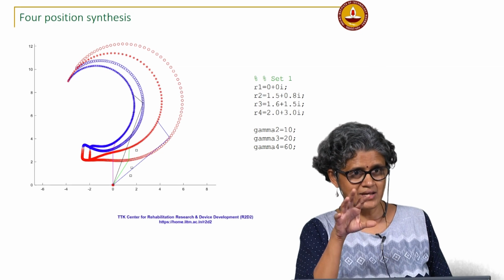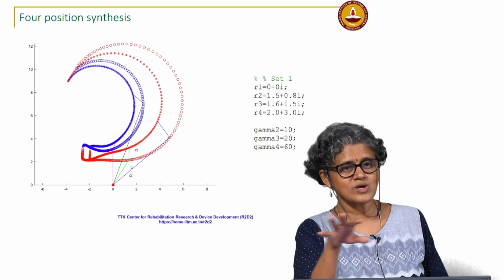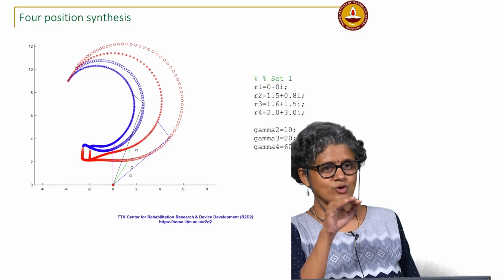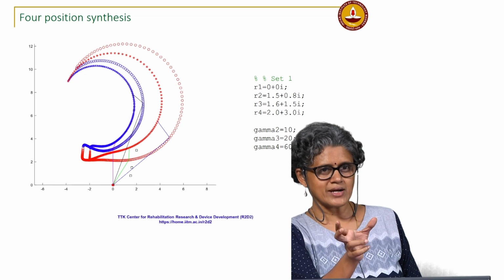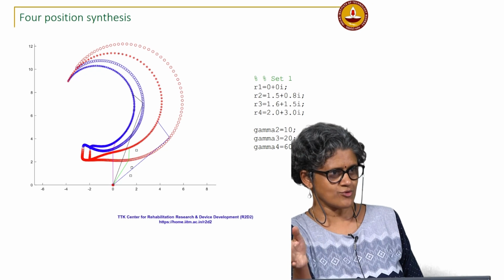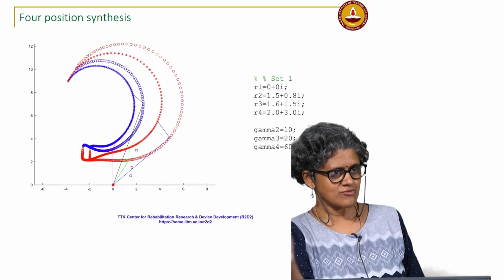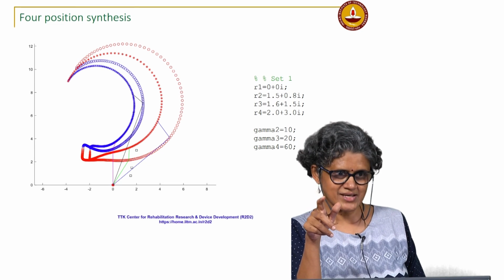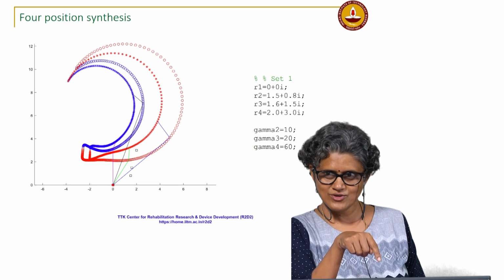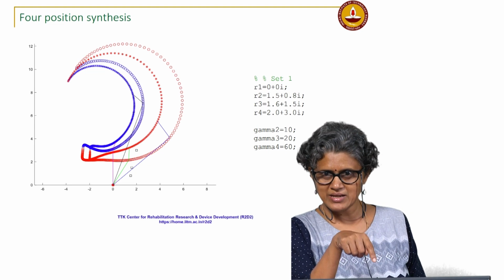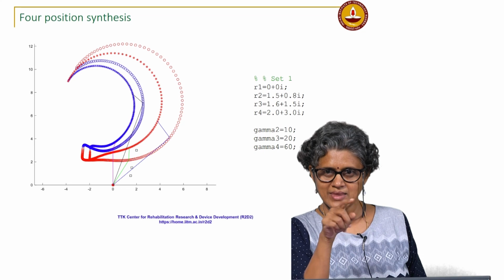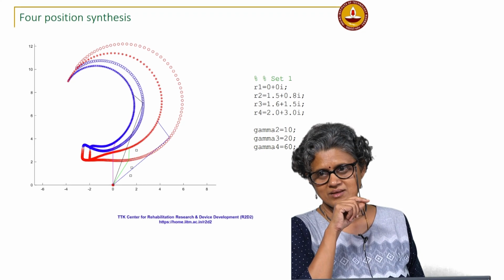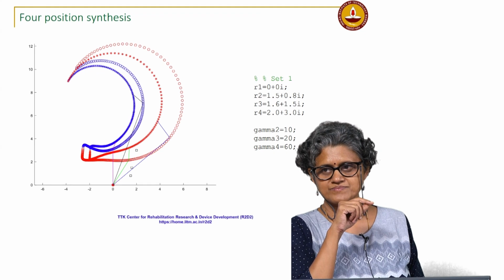So, if I have 5 positions 1, 2, 3, 4, 5, and I take them 4 at a time, say 1, 2, 3, 4 or 1, 3, 4, 5, okay, and I plot these, and if I can find an intersection of the M and K curves, then that is a potential solution.